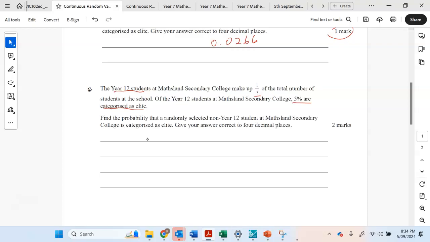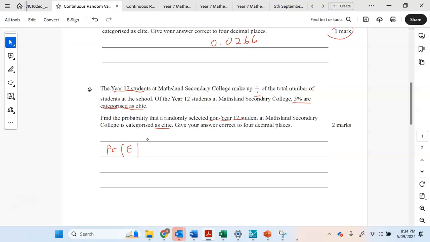And in my head, I'm thinking, oh, this is going to be a great two-way table. And I love two-way tables because I think it just really sets everything out really well. All right, so we've got to find the probability that a randomly selected non-Year 12 student at Mathsland Secondary College is categorized as elite. All right, so basically we are looking for the probability that they're elite given that they're not in Year 12.